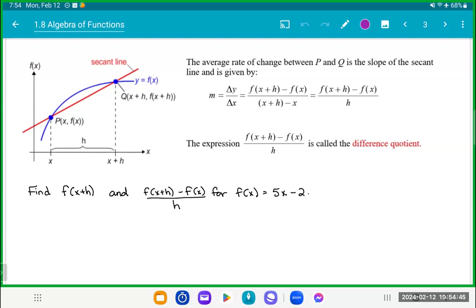So what if I asked you, we're looking at some value x, and I want to look at some other value down the road, and we'll call that h. So the distance between x and x plus h is h.